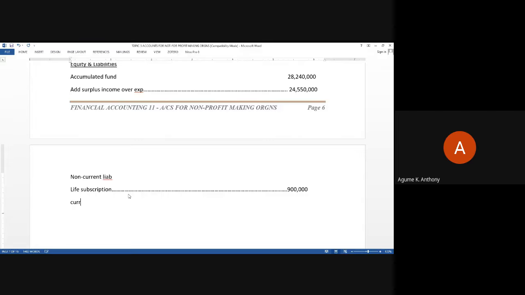Then we have current liabilities. And among current liabilities, you have bar creditors, and the figure is 240. Then you have bar wages in arrears.